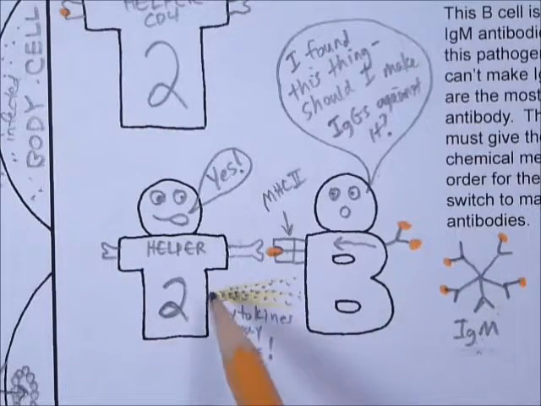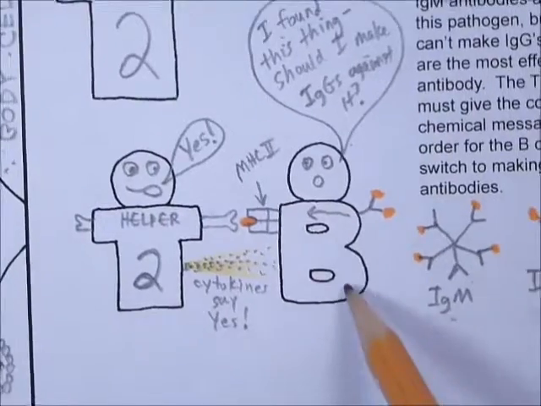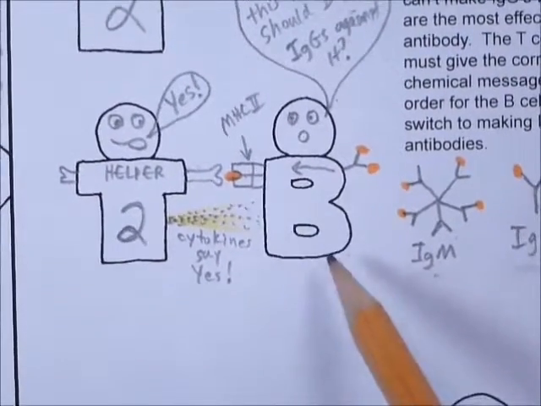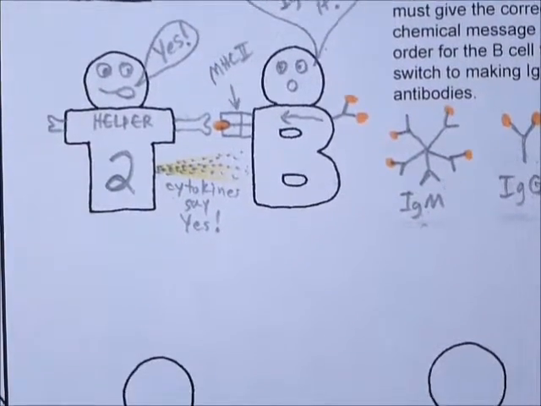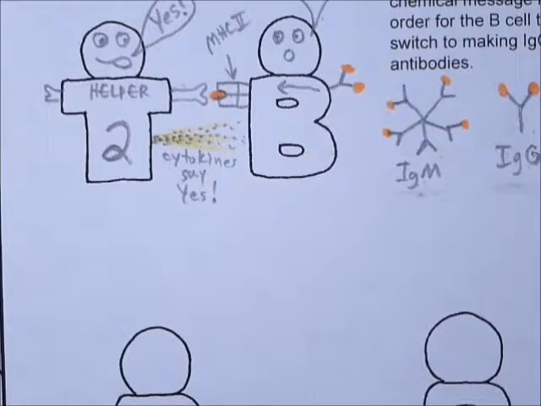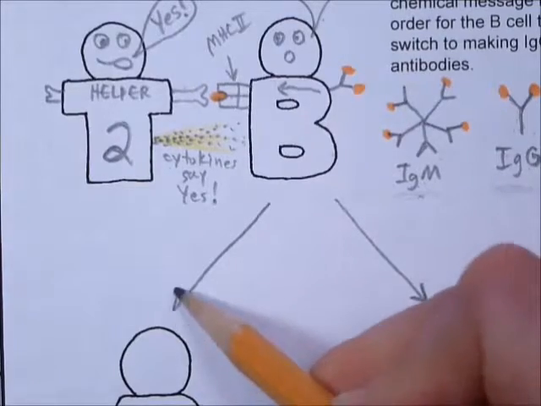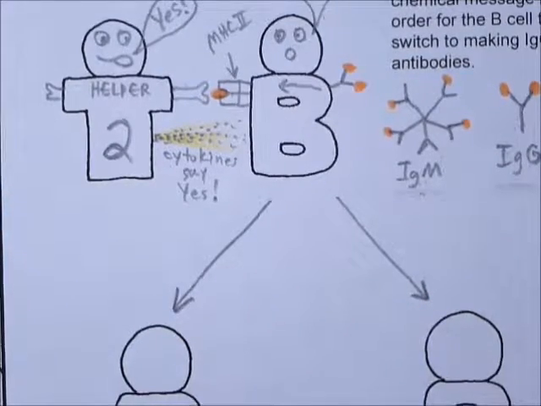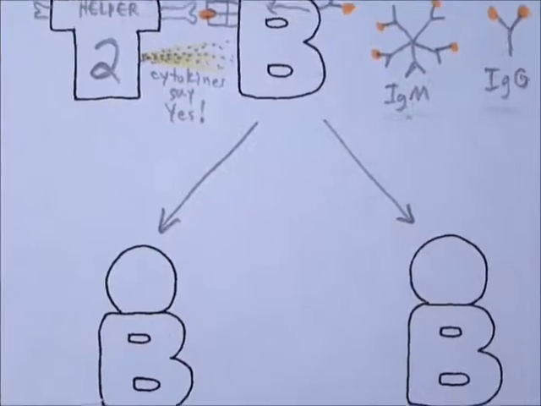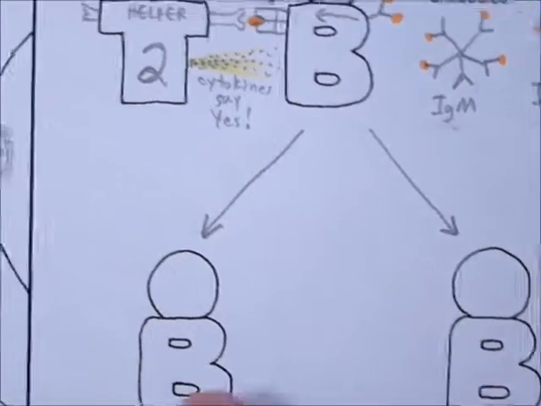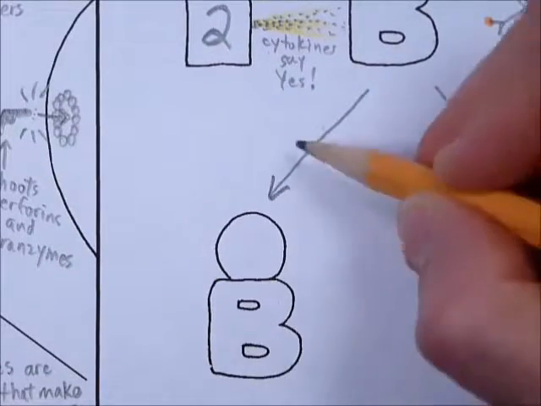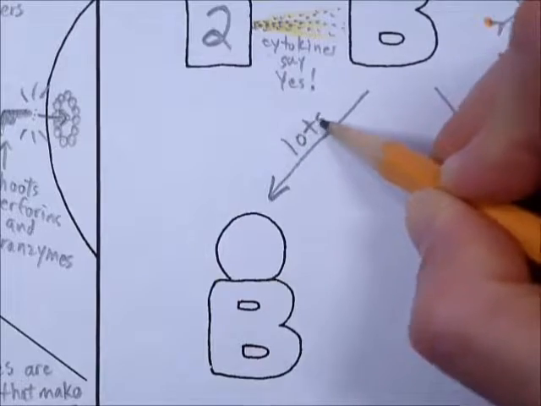So once this message is given that yes, B cell, go ahead, start making IgGs, then it is going to produce a lot of clones, and most of the clones are going to be this kind. This is lots.